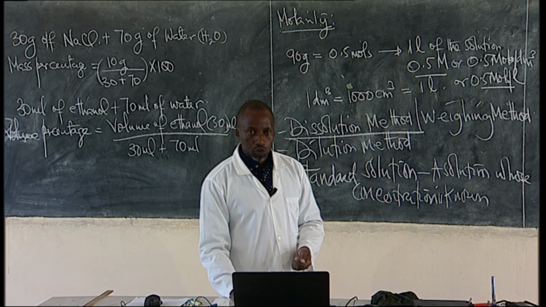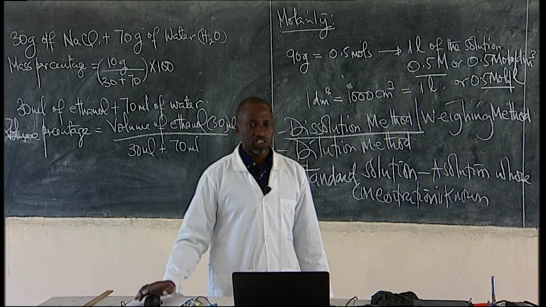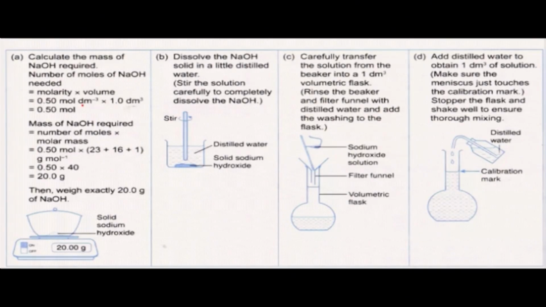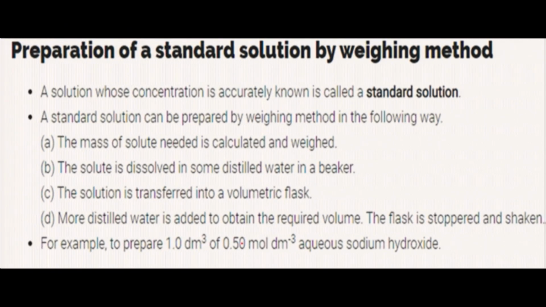So let's do one example. This is the method, sodium hydroxide. Remember we are making a solution of 0.5 molar, or moles per decimeter cubed, into 1 liter, 1 decimeter. Prepare 1 decimeter cubed of 0.5 molar aqueous sodium hydroxide. So what do you need?